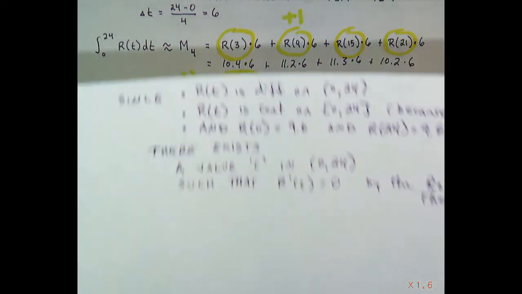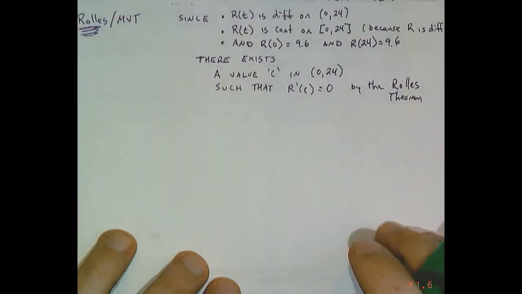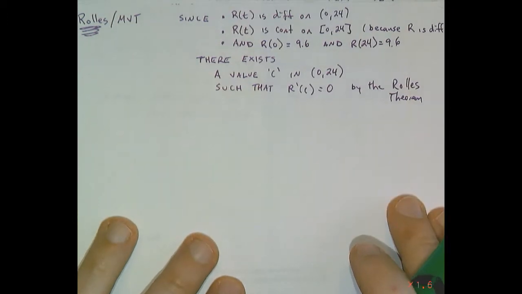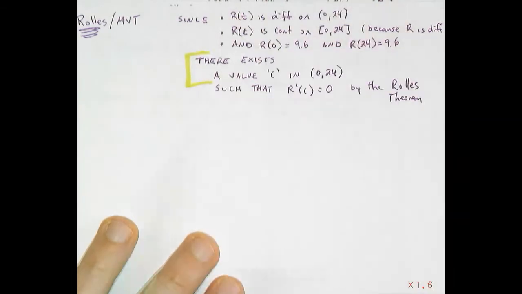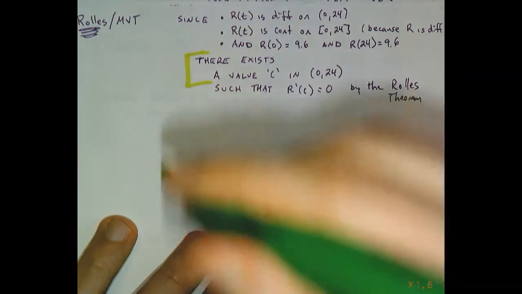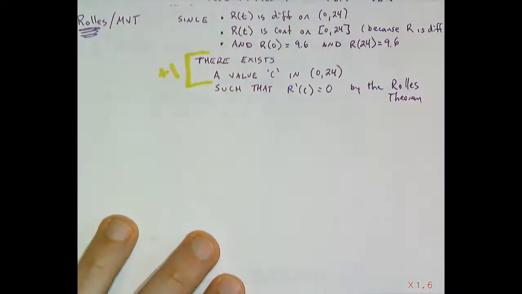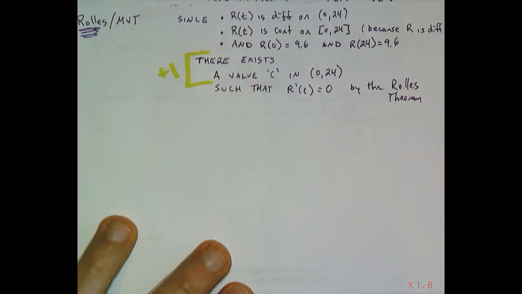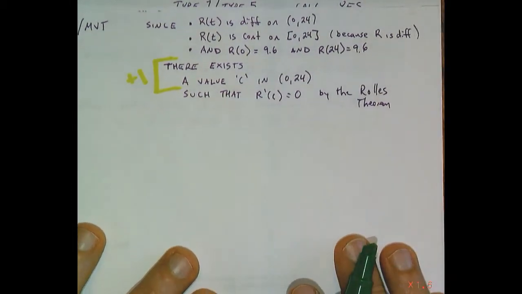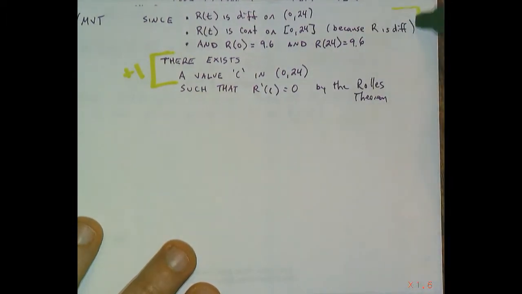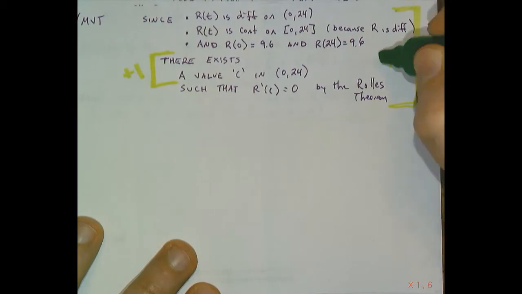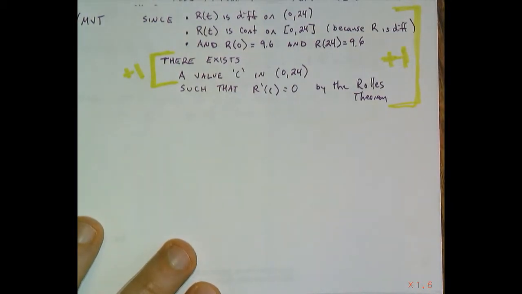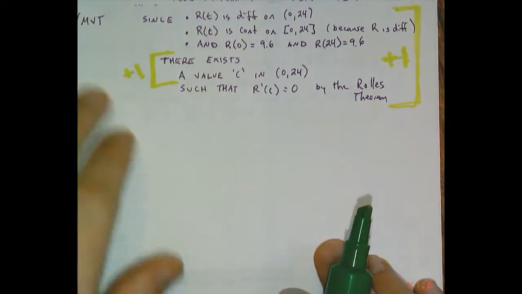When we go on to part B, there are 2 points. The first point comes from saying that there does in fact exist a value C that this is true. So yes, there does. And then your second point comes from an explanation. For me, all of the work here is demonstration of the explanation. I used Rolle's theorem.